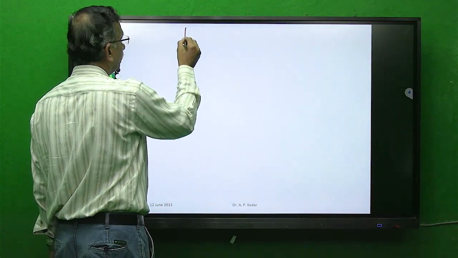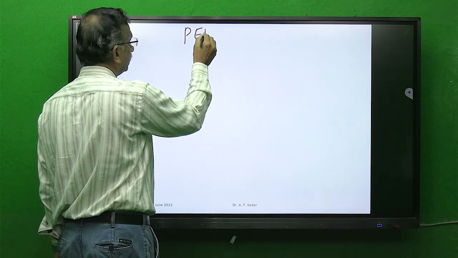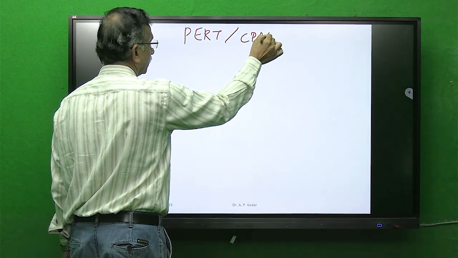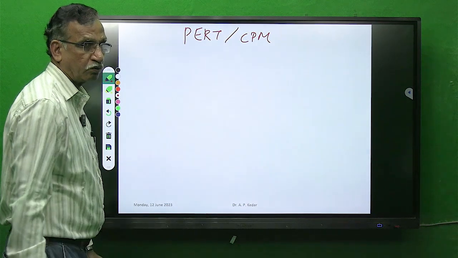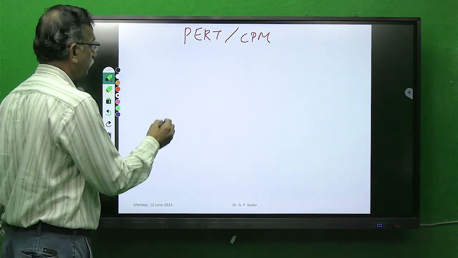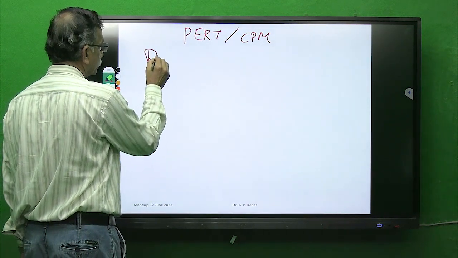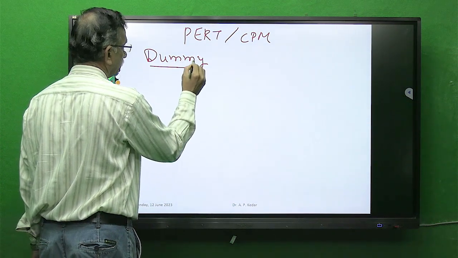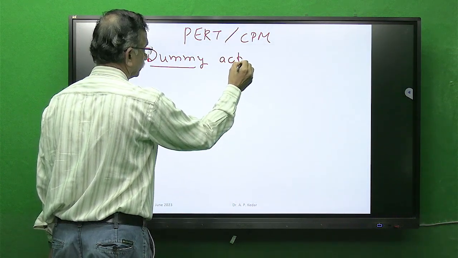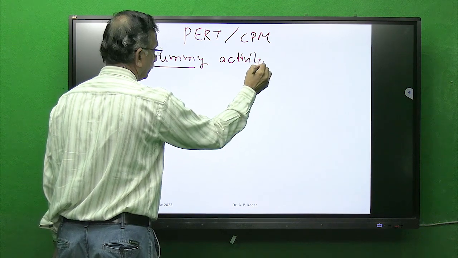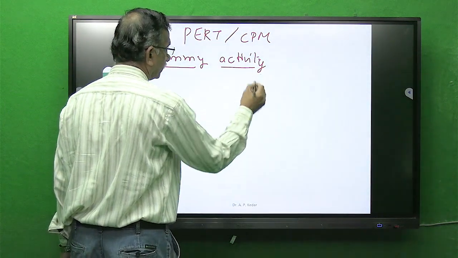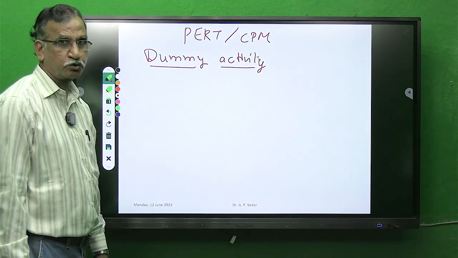Maybe in a PERT or CPM network, you may come across an activity called a dummy activity, and I have emphasized that the use of dummy activities should be minimum.